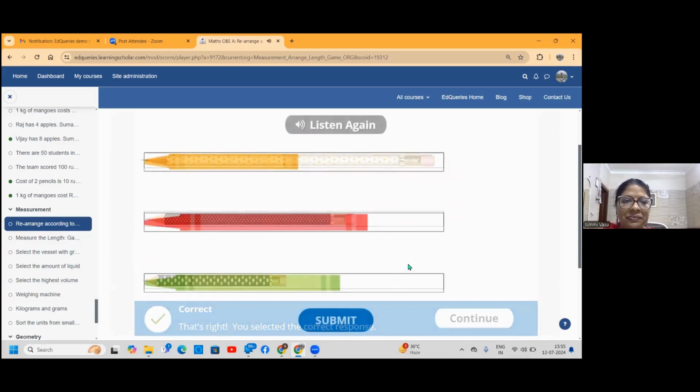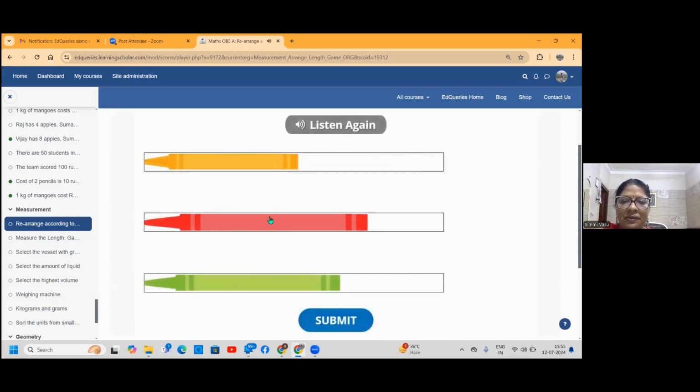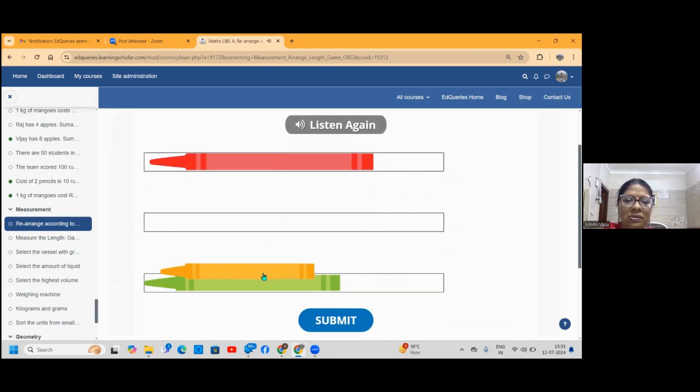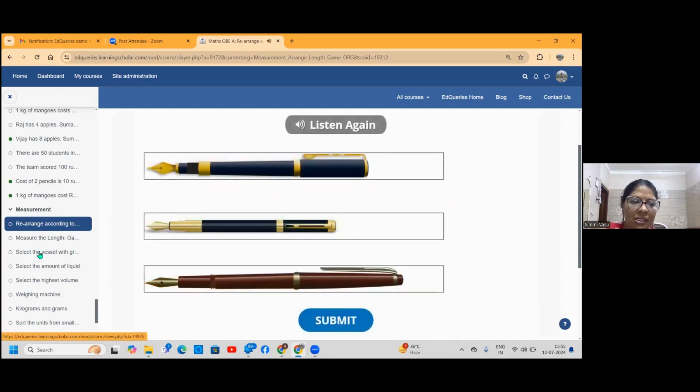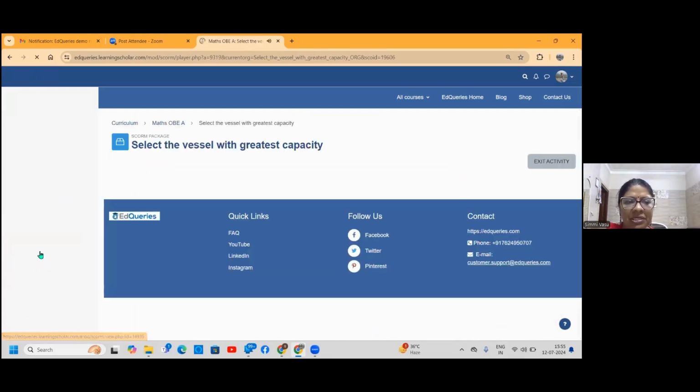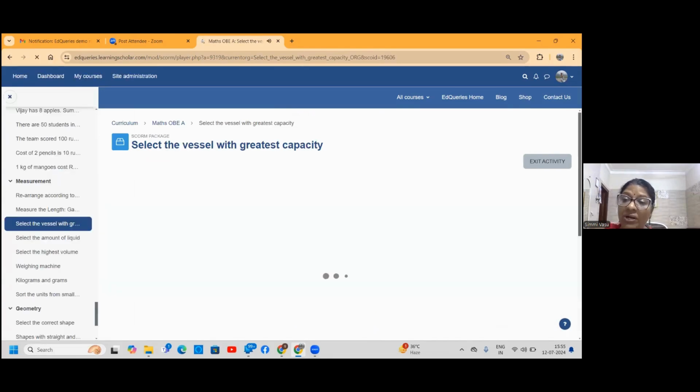Excellent. Rearrange the objects so that the shortest is at the bottom and the longest at the top.